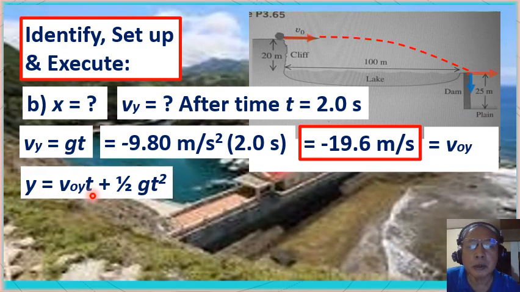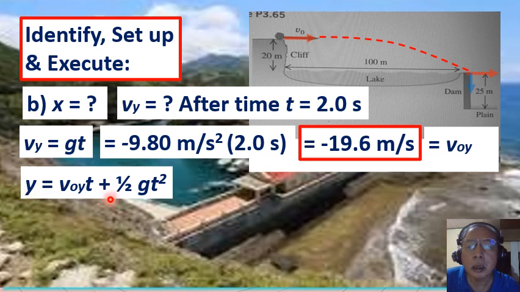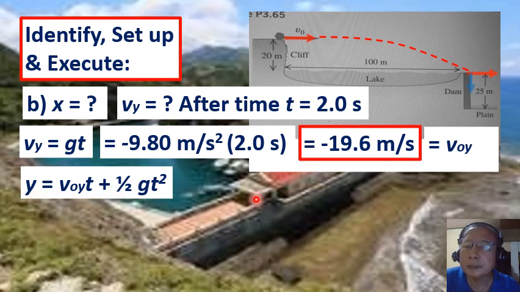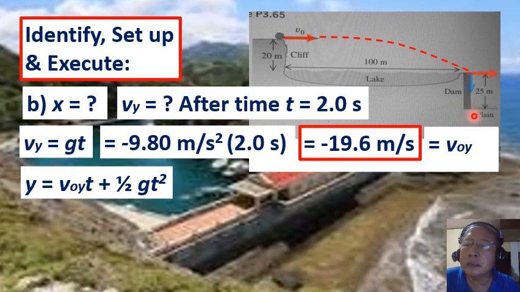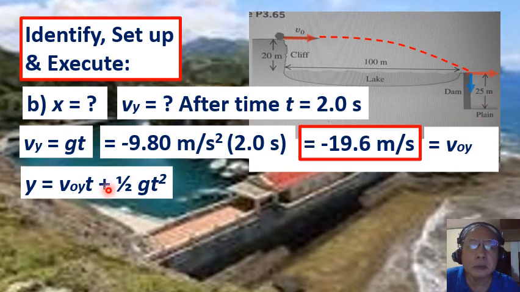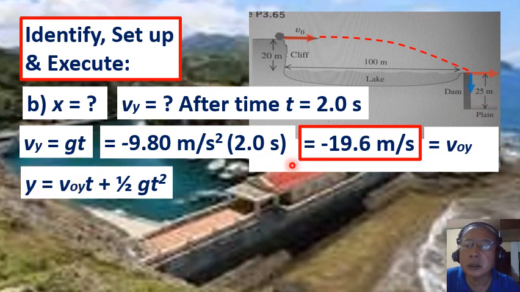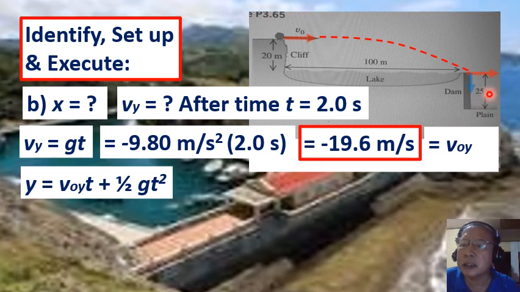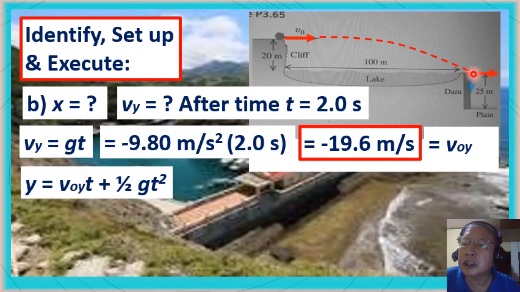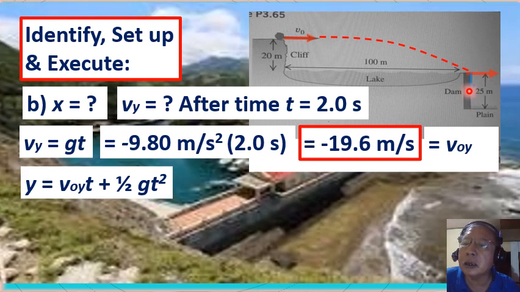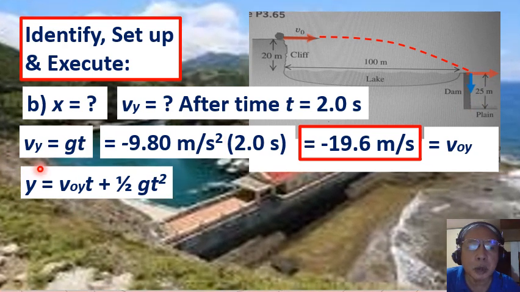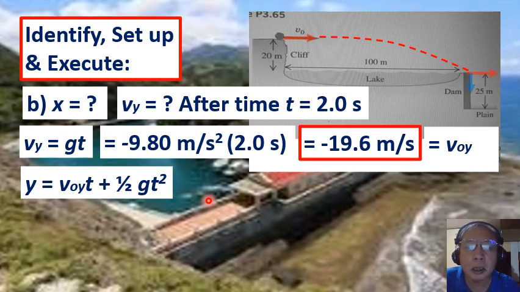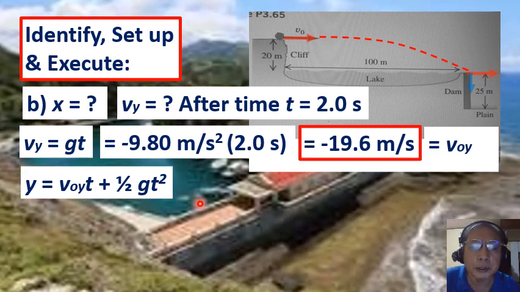So from this equation, the value of y corresponds to the height of the dam, which is also treated as a vector quantity. So with respect to the top of the vertical dam, this y here is equal to negative 25.0 meters.